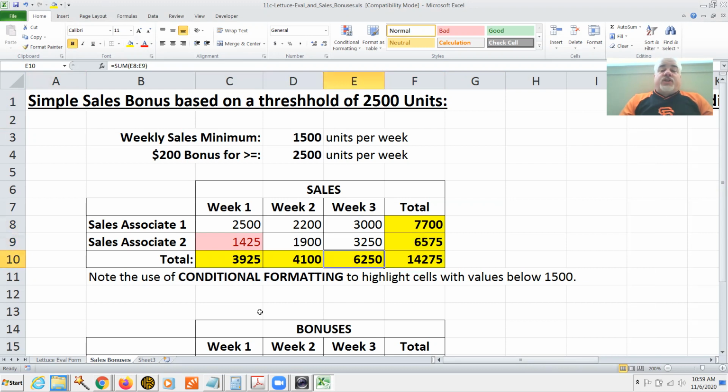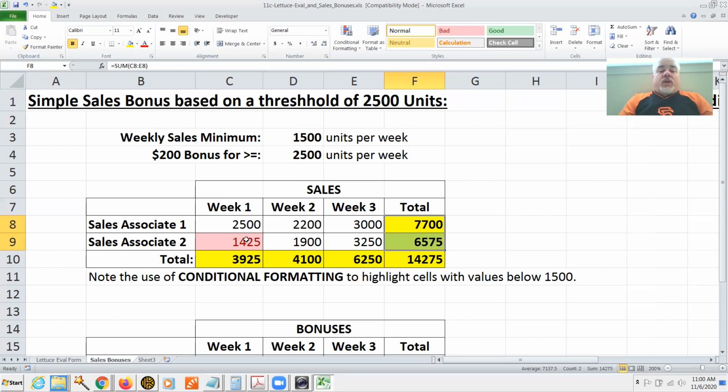This in particular is using the sum function to add up week 1, week 2, week 3, and the row 10 and the grand total. And also in column F, the two different sales associates. I only have 2 people here, but doesn't matter. These 2 people, one got 77 and one got 65.